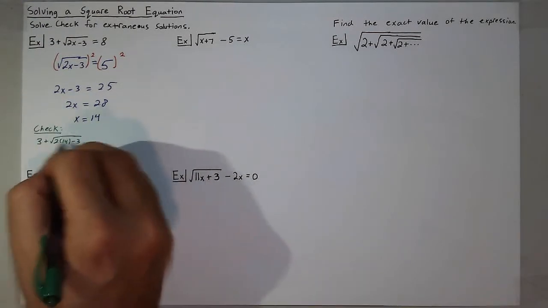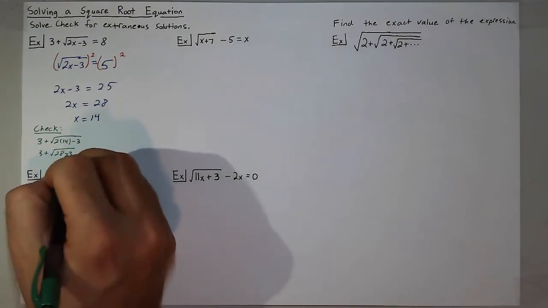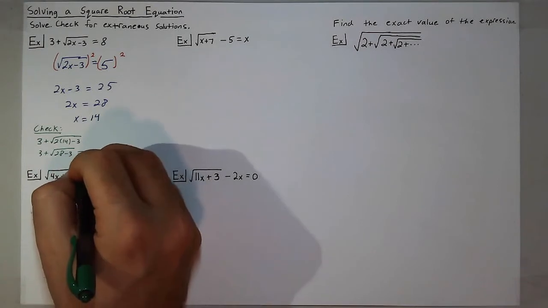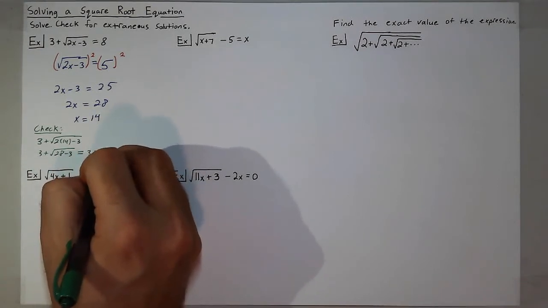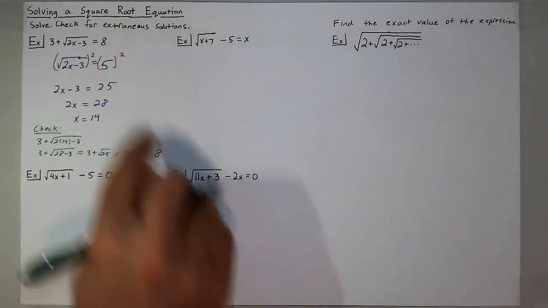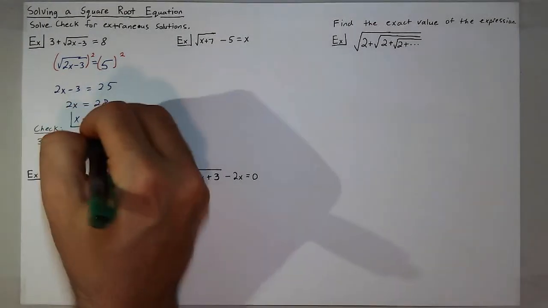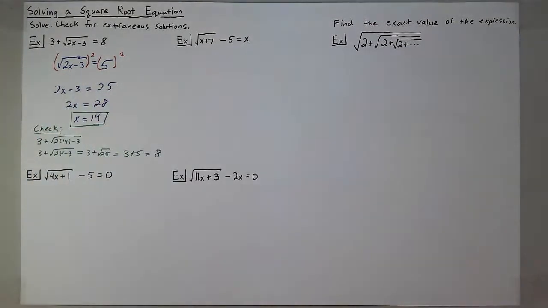So we'll have 3 plus the square root of 28 minus 3, which will be 3 plus the square root of 25, which will be 3 plus 5, which is most definitely 8. So it does work as a solution. So my answer is x is equal to 14.